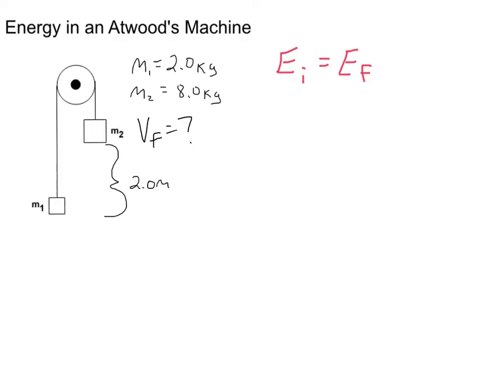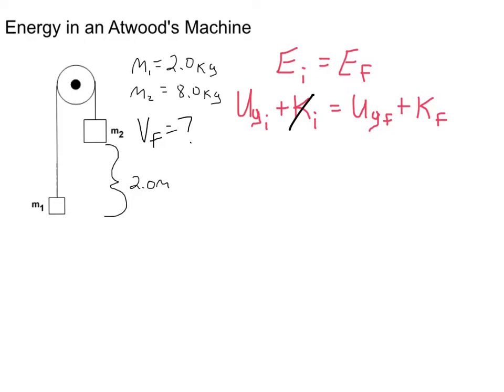So we can write down the possible energies we're going to have before and after, and then decide which energies we truly have, and which ones we don't have. So since we start from rest, we know that there is no initial kinetic energy, so we can get rid of that. And we start with only the gravitational potential energy of mass 2.